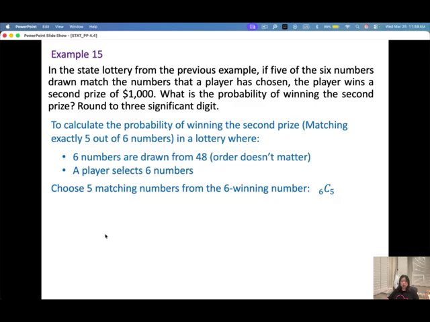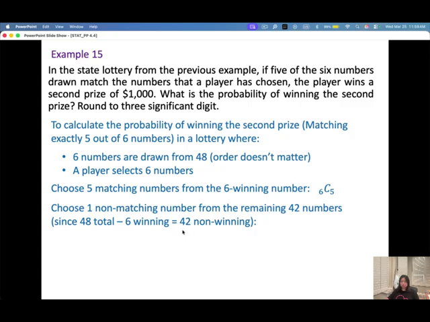And then the 1 number, I can pick it from the rest. You don't pick it from the 48, because out of 48 numbers, 6 numbers are the winners. So we're going to do 48 minus 6, which is 42. And that 1 number, I need to pick from these 42 numbers. So that will be 42C1.